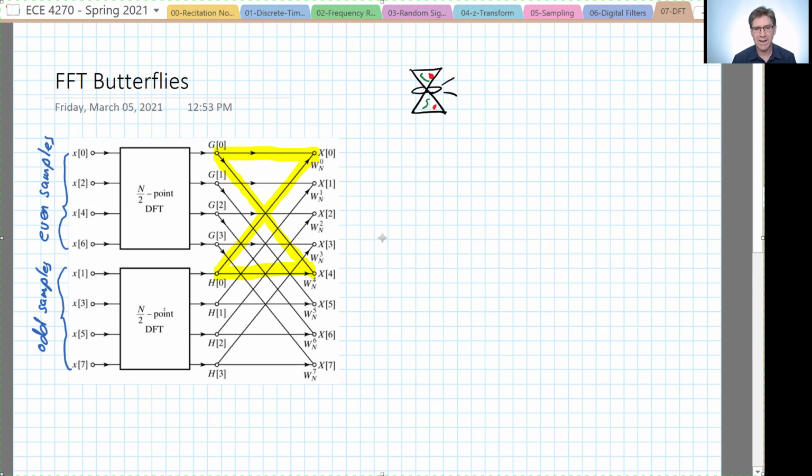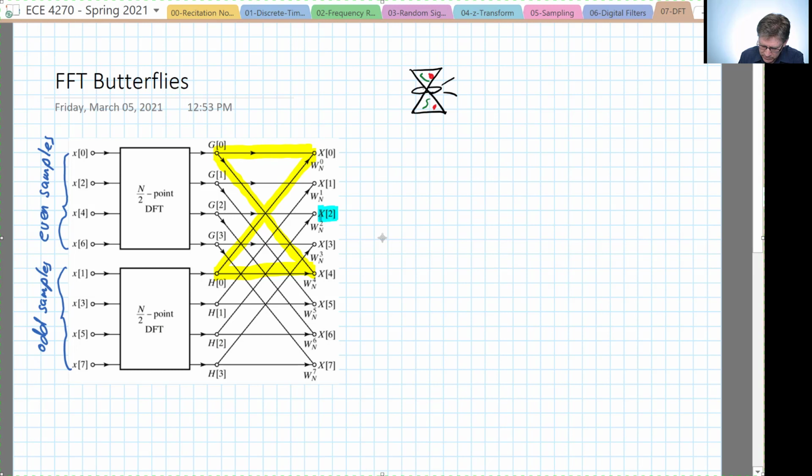Now remember, we had to add the outputs together. So I guess I'll leave that highlighted. Let's go down and look at each of these. So each output is going to be the sum of a term from our n over 2 even sample DFT, and our odd sample DFT.